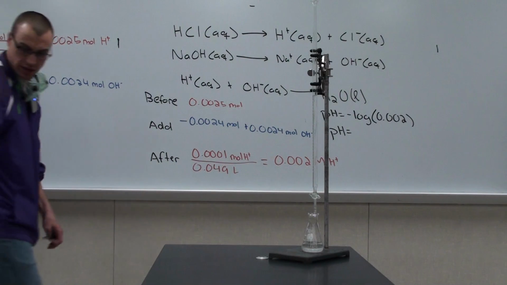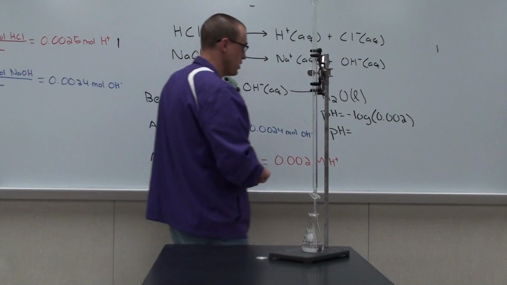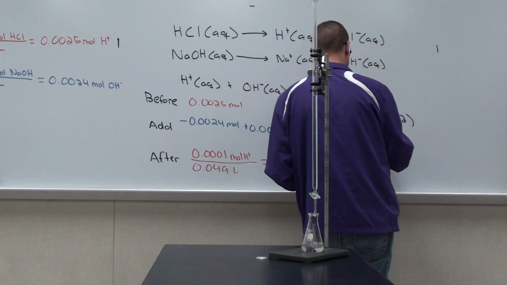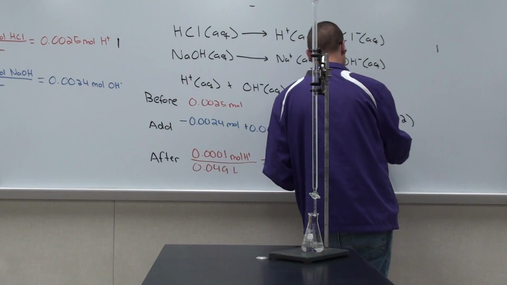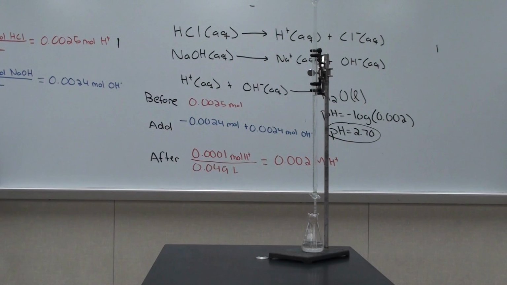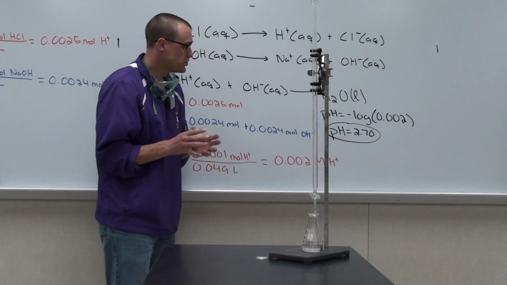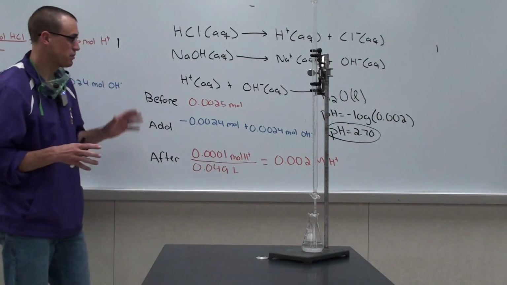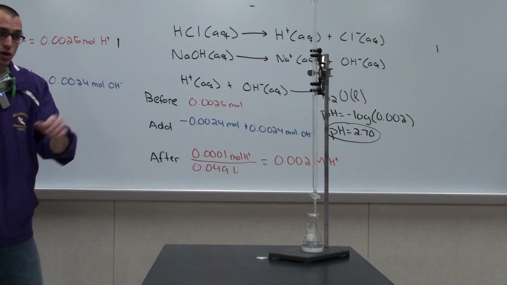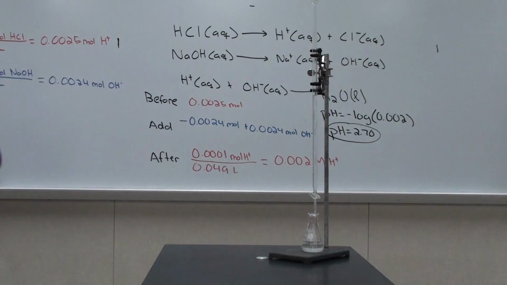And so when I punch that into my calculator and I round to 2 decimal places, I end up getting 2.70 as our pH. We are still very, very much an acid at this point in our solution. So now I'm going to again erase our equation here, and then we're going to go back to our experiment and look at what happens at the equivalence point.